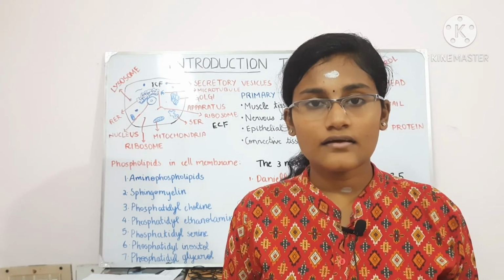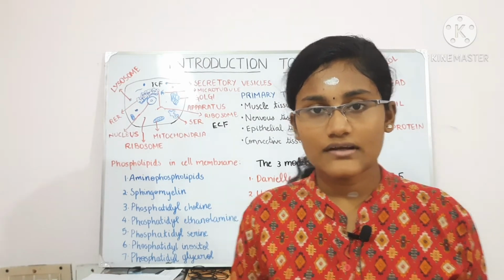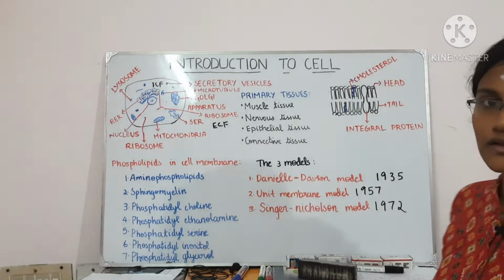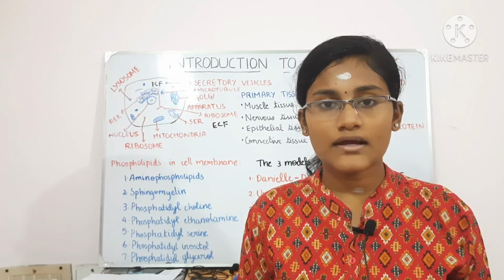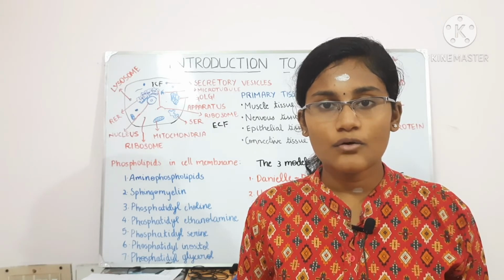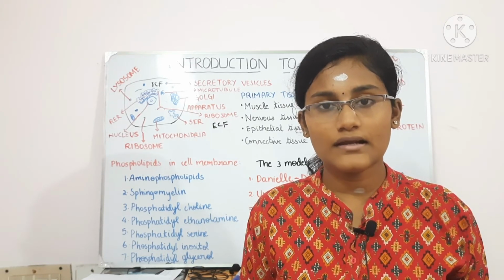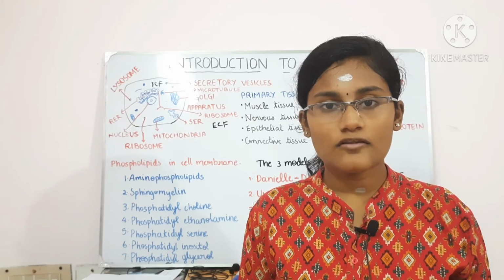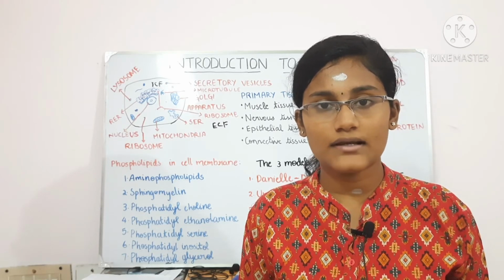The Singer-Nicolson model was proposed in 1972 by Singer and Nicolson, and they said that the cell membrane was made up of proteins which were found to float in the lipid layer. It can also be said to be a mosaic of proteins in the lipid layer.